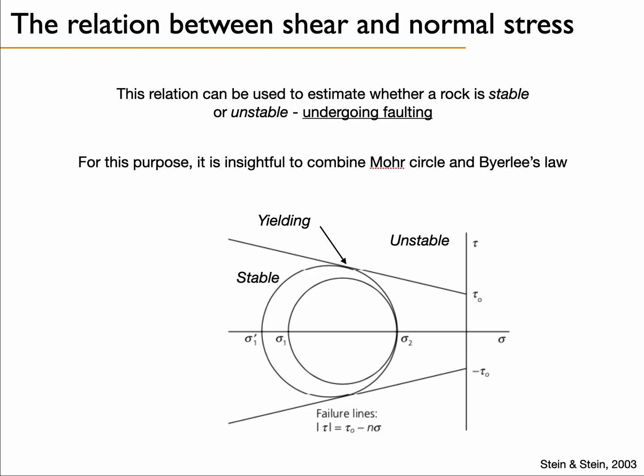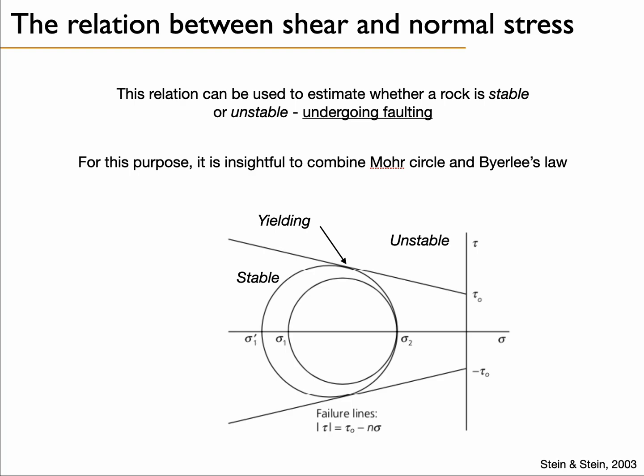This relation can be used together with the Mohr circle. Using both the Mohr circle and Byerlee's law, one can predict whether a rock is stable or unstable. It means, is it undergoing faulting, or is it simply elastic or viscoelastic without frictional plasticity?